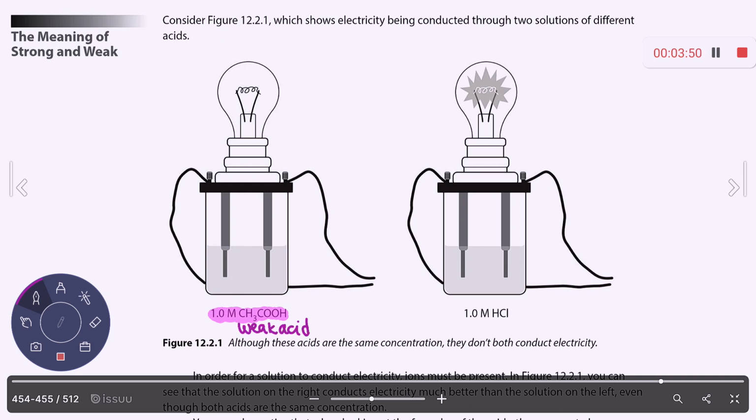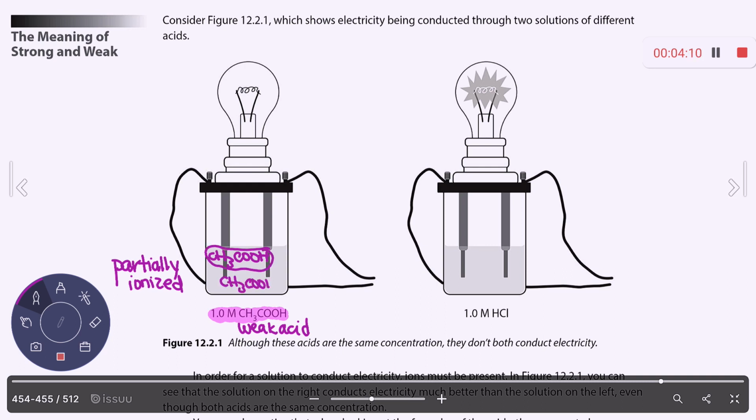Weak acids are partially ionized. So that means that there won't be a ton of freely moving ions in the solution. It will mostly be intact molecules like this, just floating around.